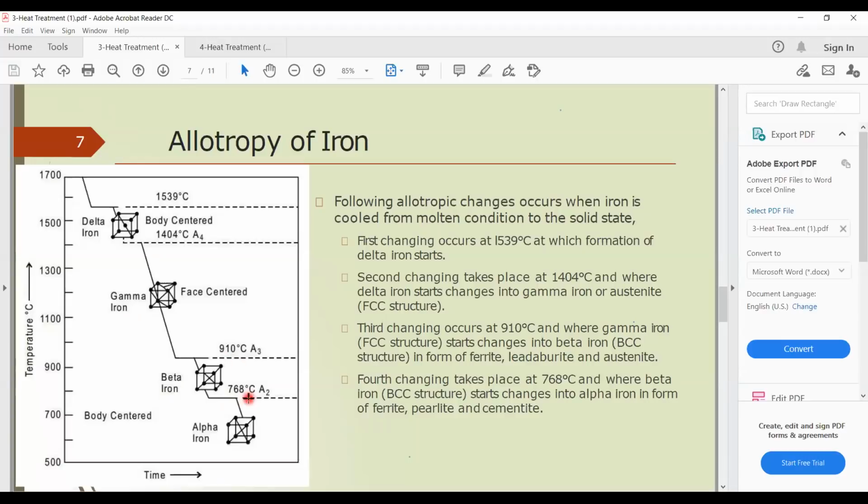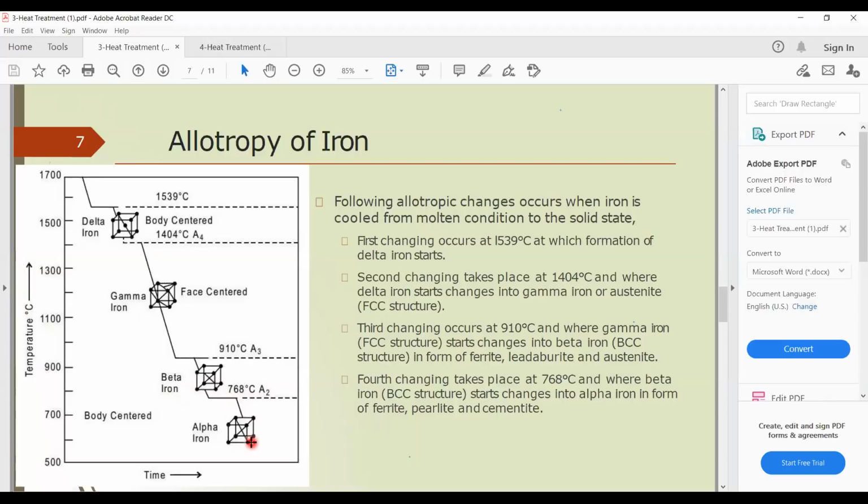In between these two temperatures, beta iron is available. Once it reaches 768 degrees Celsius, alpha iron forms.